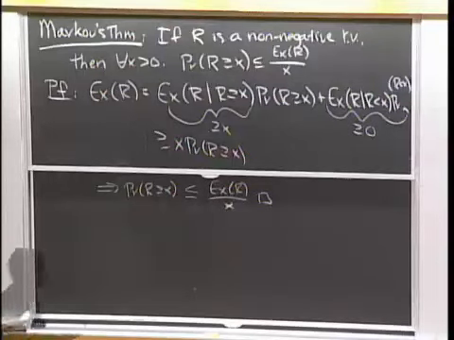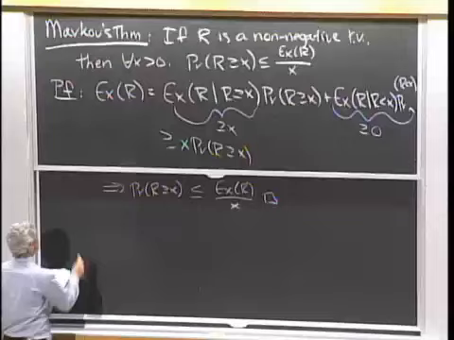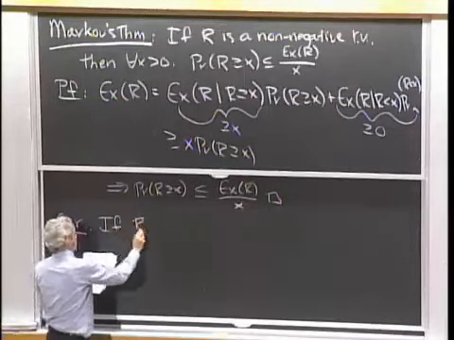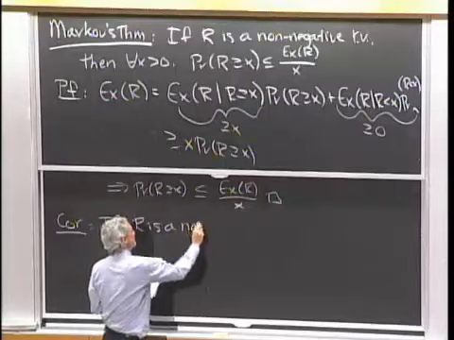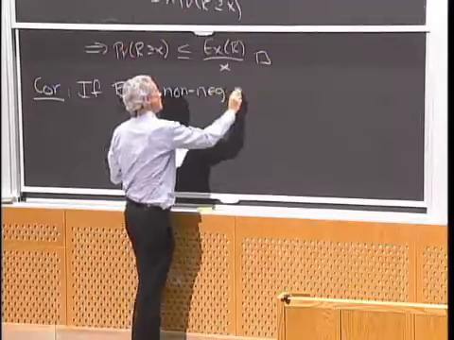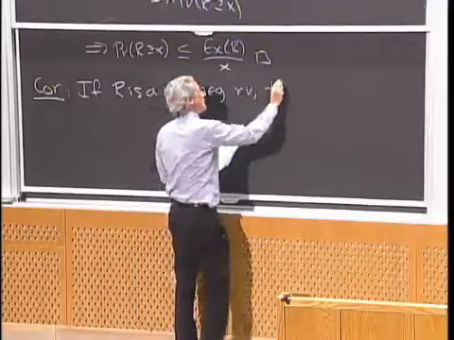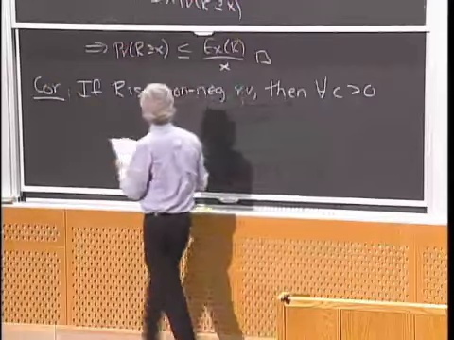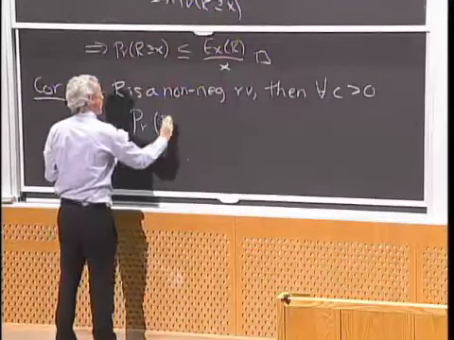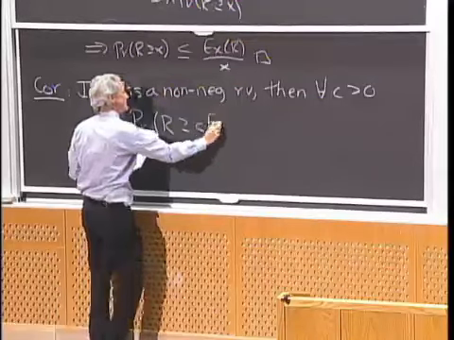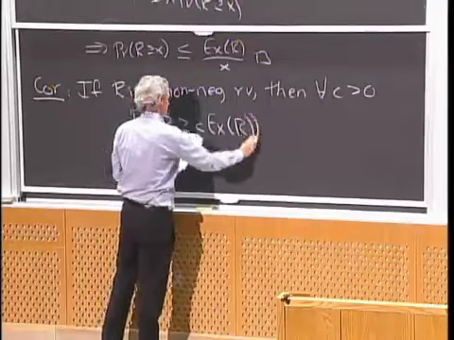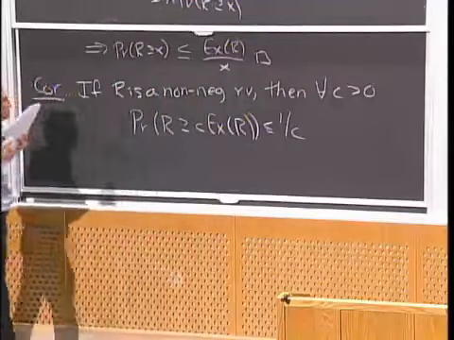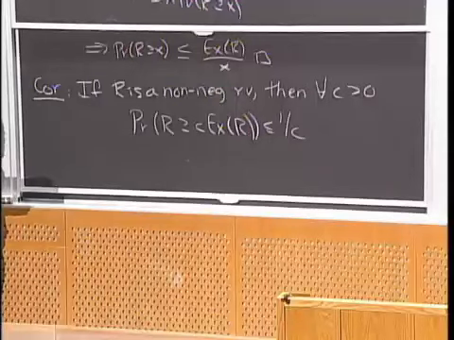All right, there's a simple corollary, which is useful. Again, if R is a non-negative random variable, then for all c bigger than 0, the probability that R is at least c times its expected value is at most 1 over c. So the probability you're twice your expected value is at most a half.